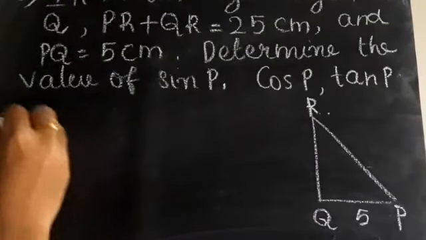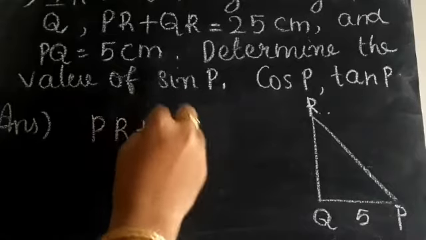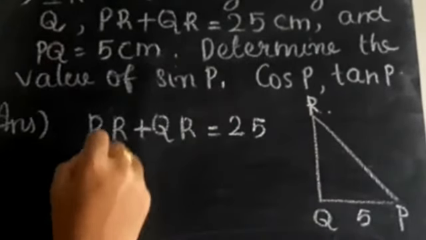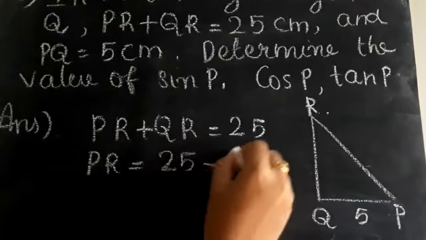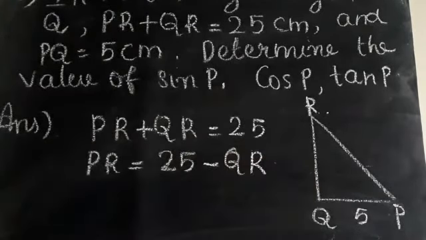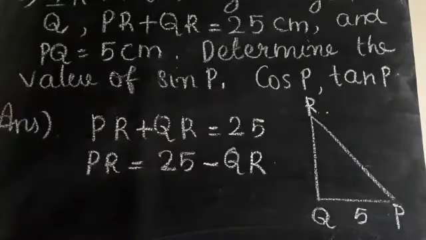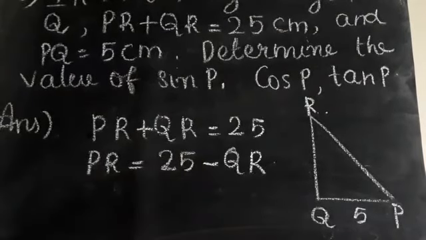So it is given that PR plus QR is equal to 25. So from this, what is PR? PR is equal to 25 minus QR.